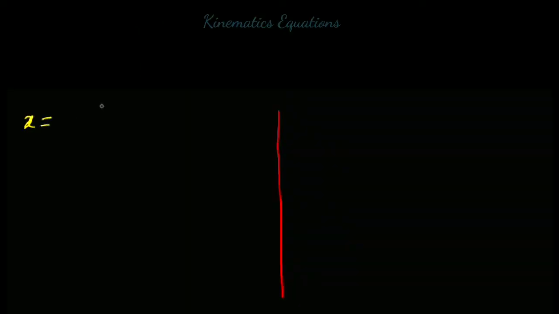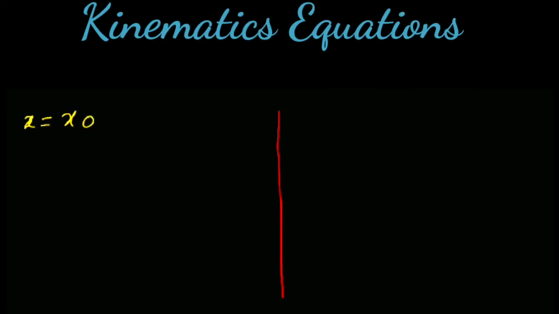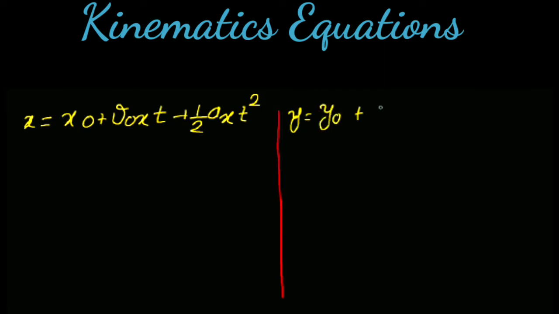Now using the kinematics equations, for x component, x equals x0 plus v0x into t plus half a of x t square, and y equals y0 plus v0y into t plus half a of y t square.